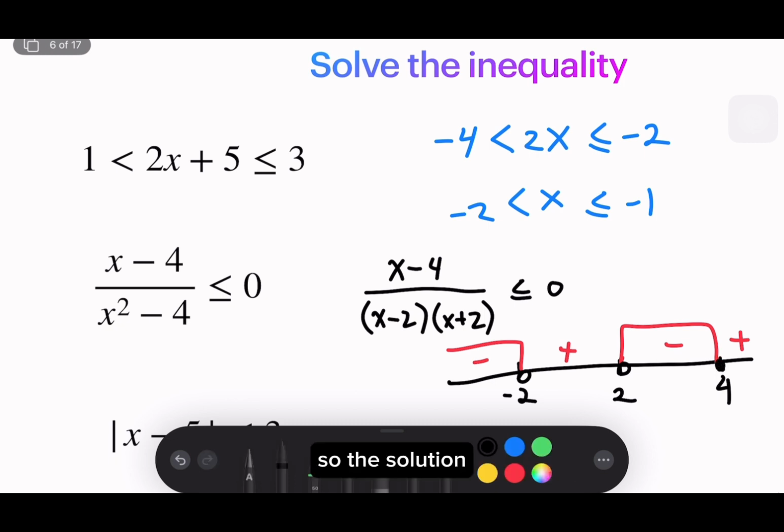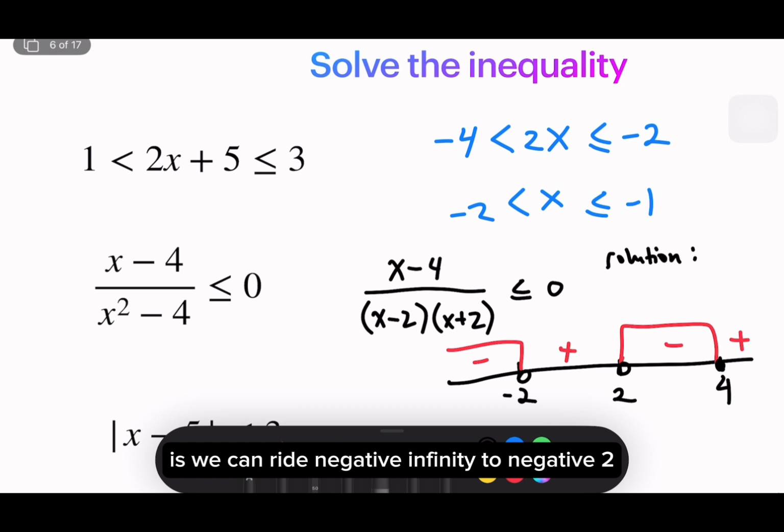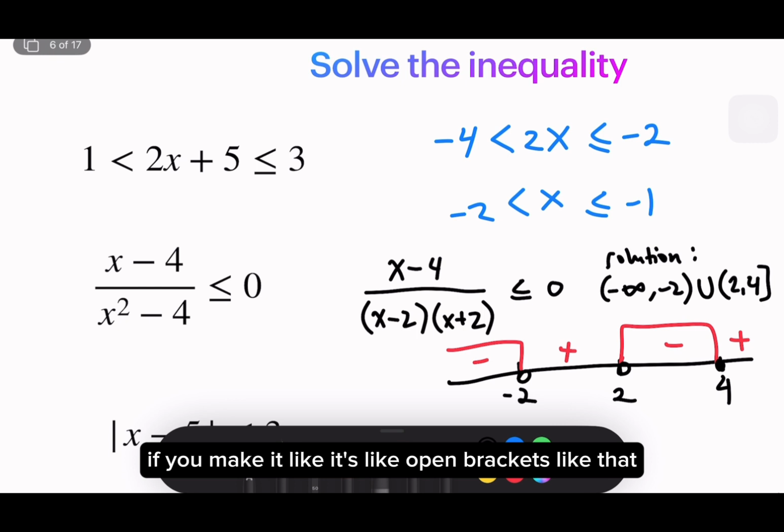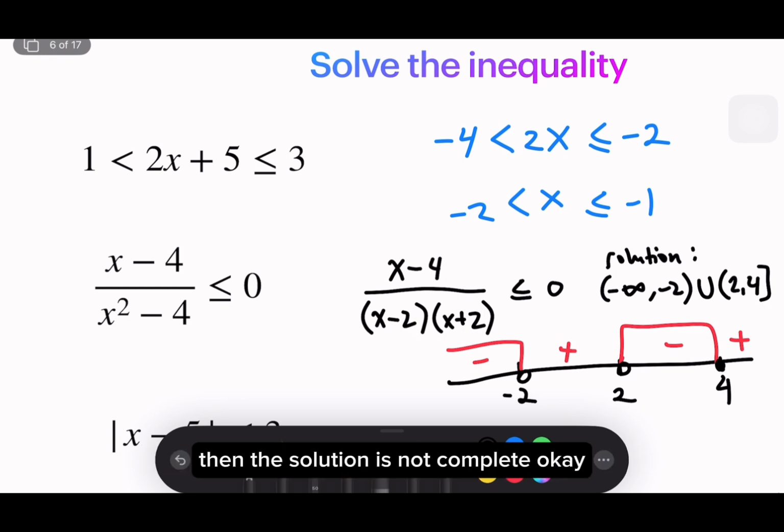So the solution is negative infinity to negative 2, and also 2 to 4, including 4. If you use an open bracket there, then the solution is not complete.